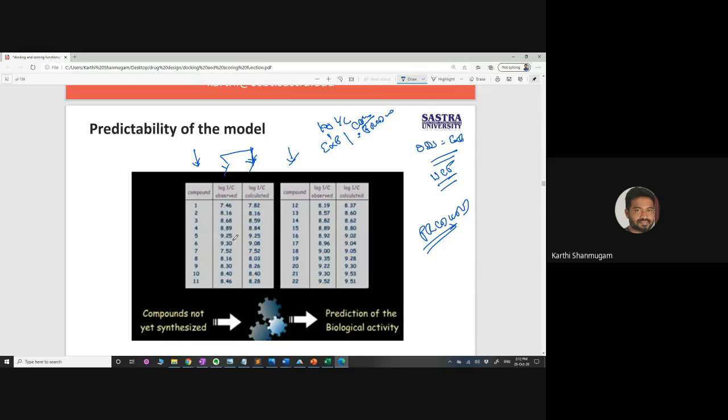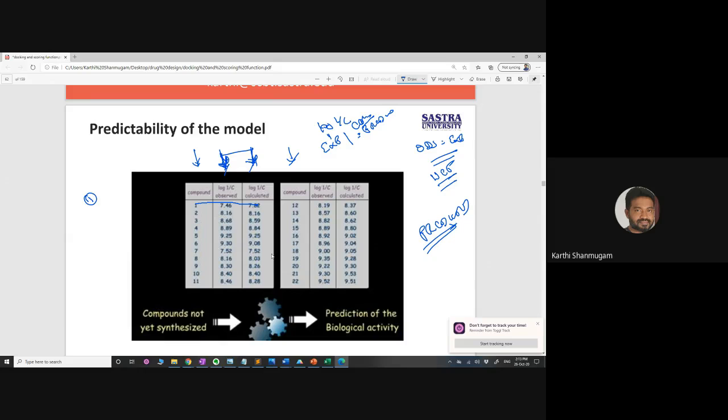So how do we calculate the observed value? We calculate it using the experimental method. How do we calculate the predicted values, the values in the last column? It's quite simple. His data set has 22 compounds. First, we create the model for 21 compounds by eliminating the first compound, which means the first compound is not included in the data set.